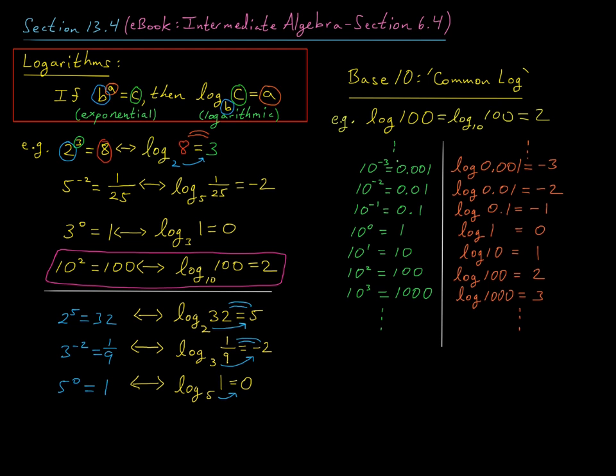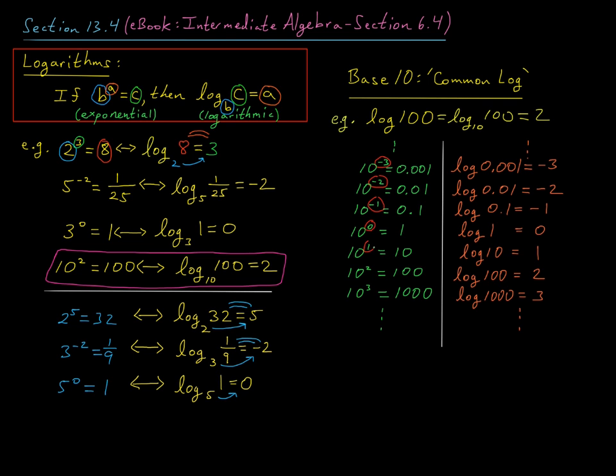If I take the log of 0.001, and notice I'm not writing the subscripts now because these are all base 10 logarithms, I'm going to get -3, which is just that exponent as a result. The log of 0.01, I get -2, log of 0.1, -1, so on and so forth. And we see these logarithms are simply the exponents of what we see in these exponential statements.